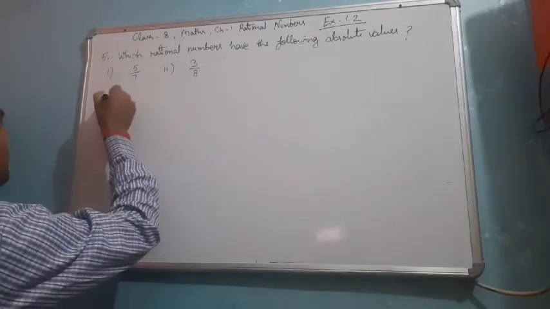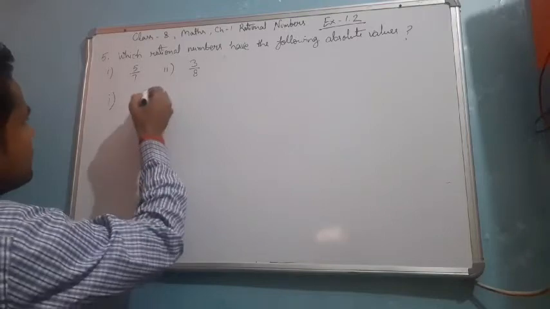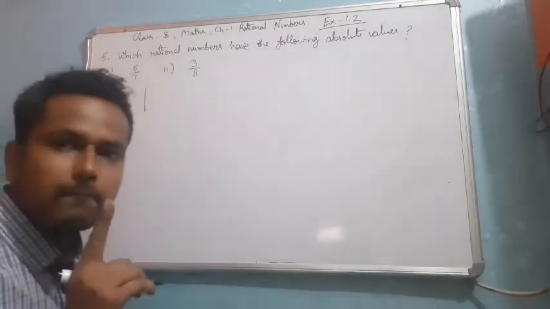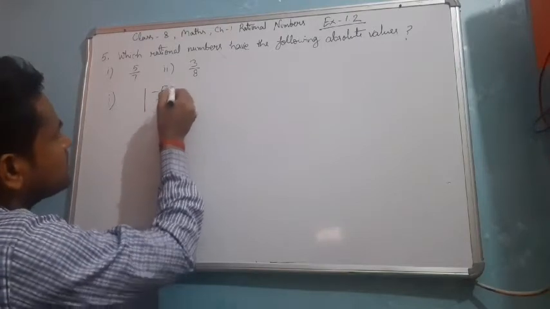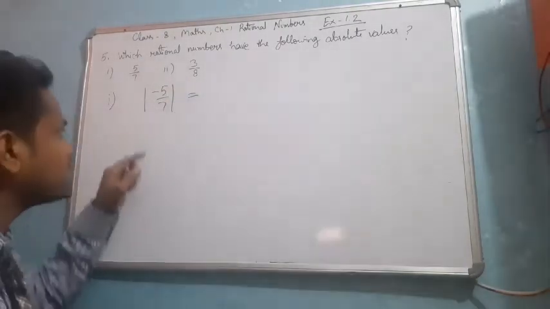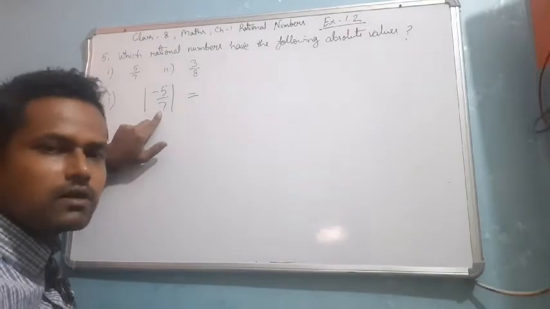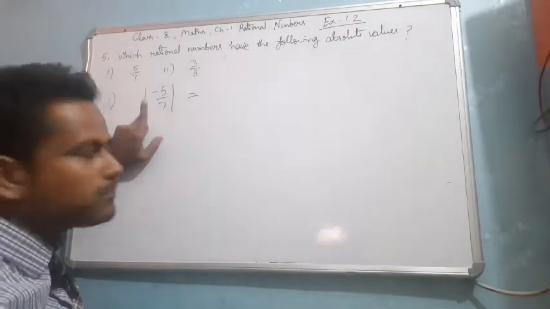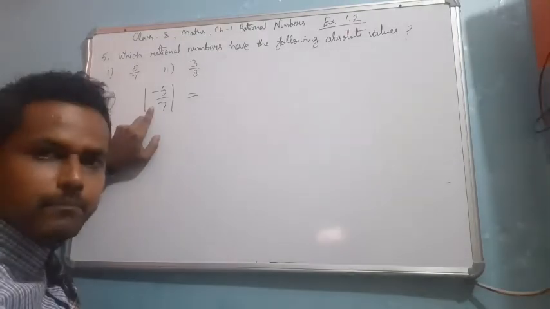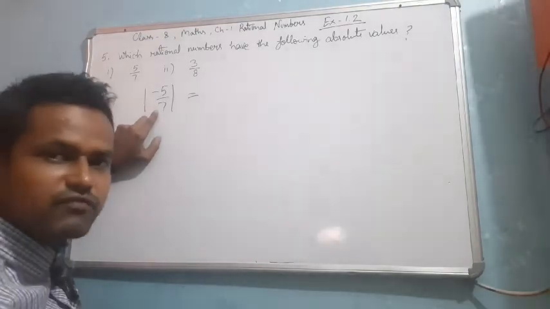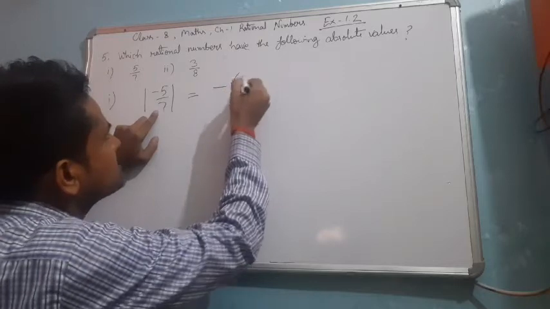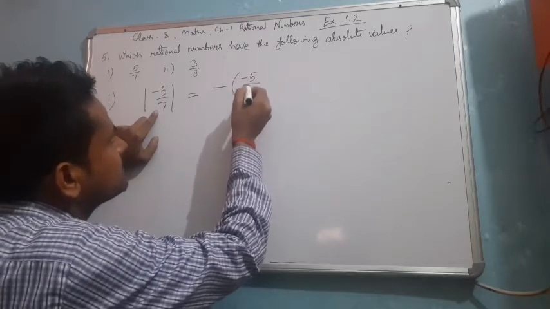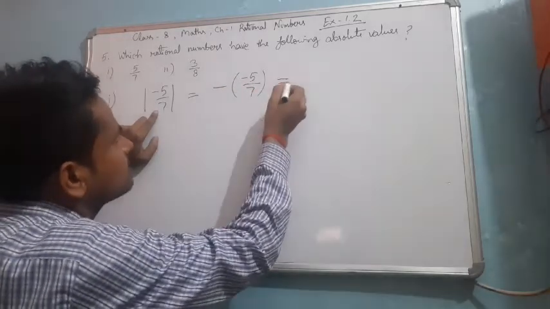So if we take minus 5 by 7 in mod, then you know very well that if we take a negative rational number and find its absolute value, it gives minus a. It means minus in bracket minus 5 by 7. Why?